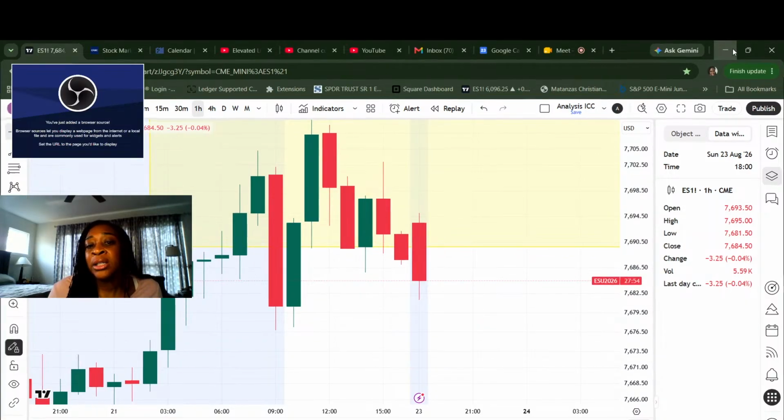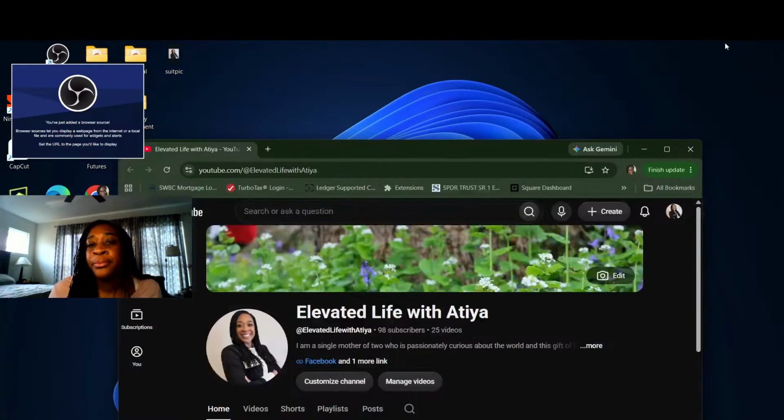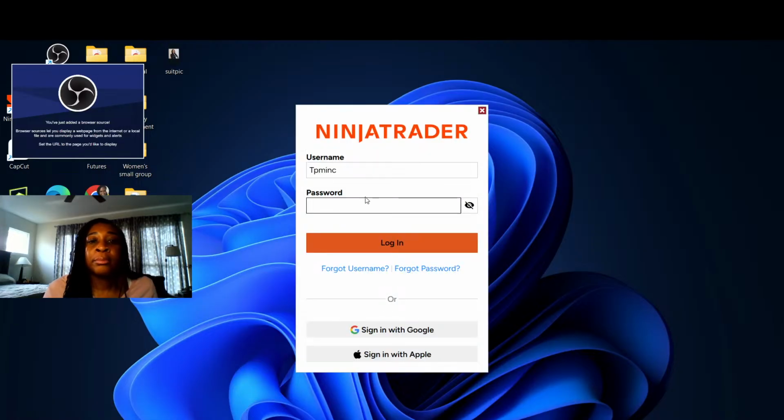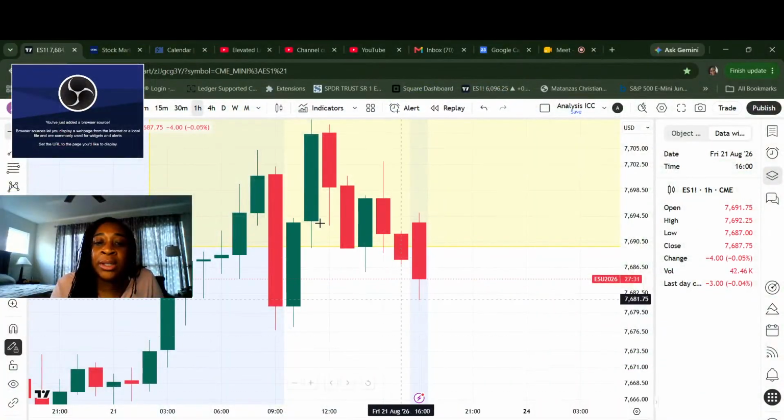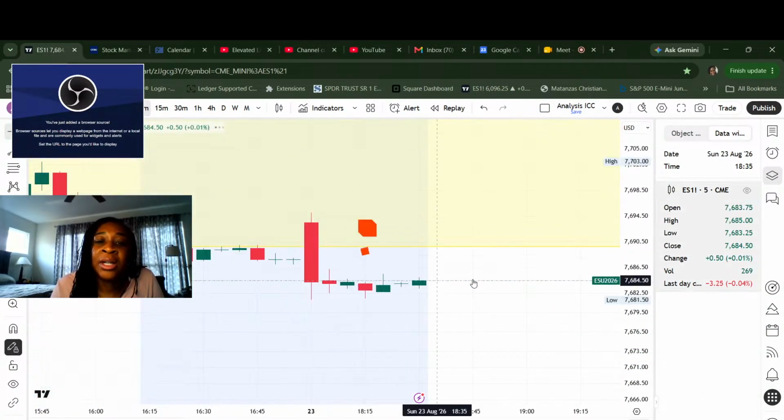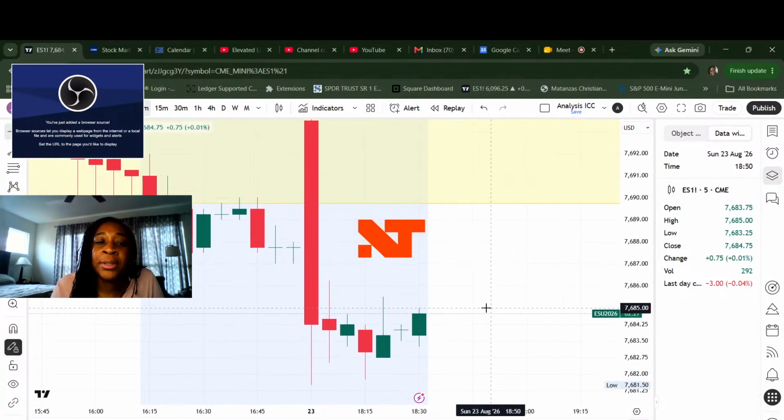I'm going to show you the trading platform, and you can just see what it looks like to execute a trade. In this particular setup, I believe the market might go up a little bit.